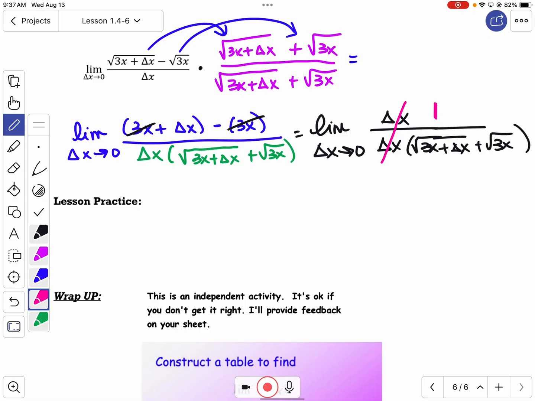And now I'm ready to substitute. So I'm going to get 1 over the square root of 3x, with delta x being 0, plus the square root of 3x. Now, radical arithmetic here. What's the square root of 3x plus the square root of 3x? Do we add under radicals?